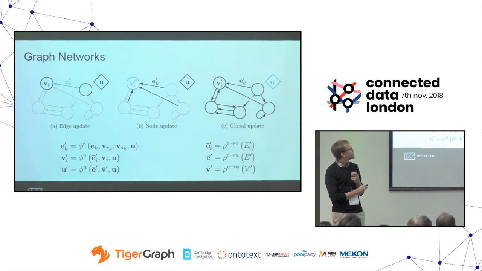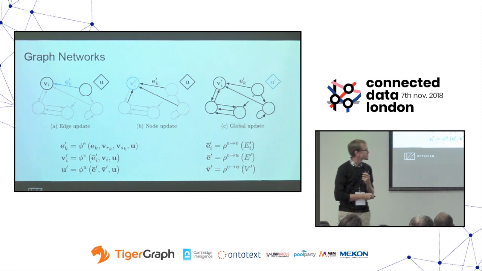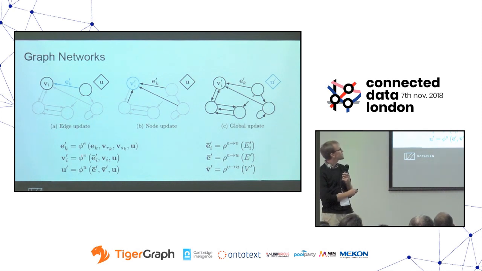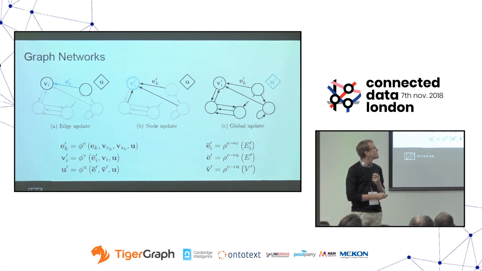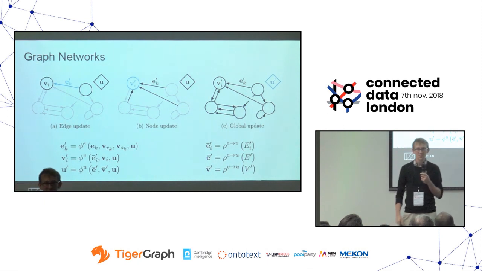Then you take every node, and you look at all of the edges connected to that node, and you update the properties of the node. Then you have some global state. You look at the whole system, all the edges and all the nodes, and you update the global state. And for each of these update steps, you have two functions. One is an aggregator, and one is a transform. And with these 6 functions, you can plug neural networks in for each of them, and you can train it with gradient descent.